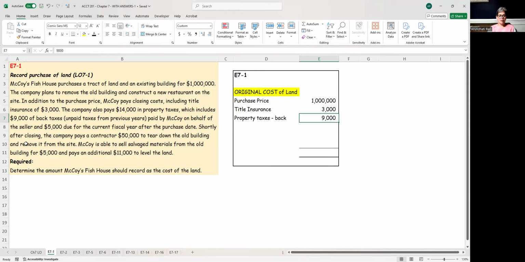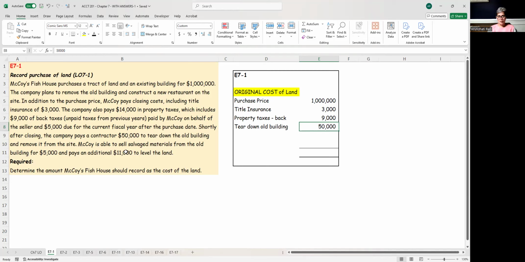Then we are told that shortly after closing, we pay a contract of $50,000 to tear down the old building and remove it from the site. All the monies I spend to get the asset, that the asset is land, to get it ready for its intended use, I intend to build a new building. So cost of demolition, I add it to the cost of land. Now, I got lucky.